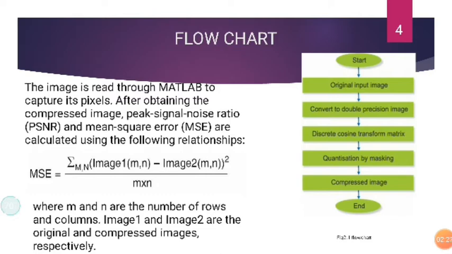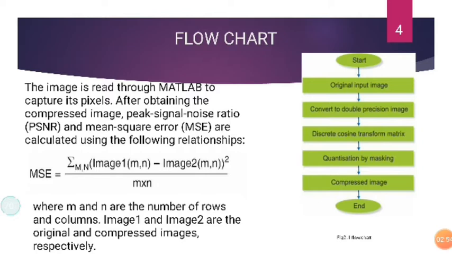This is the mean square error formula as shown in the PPT: the summation of (image1(m,n) minus image2(m,n)) whole squared, divided by M times N, where M and N are the number of rows and columns. Image 1 and image 2 are the original and compressed image respectively.